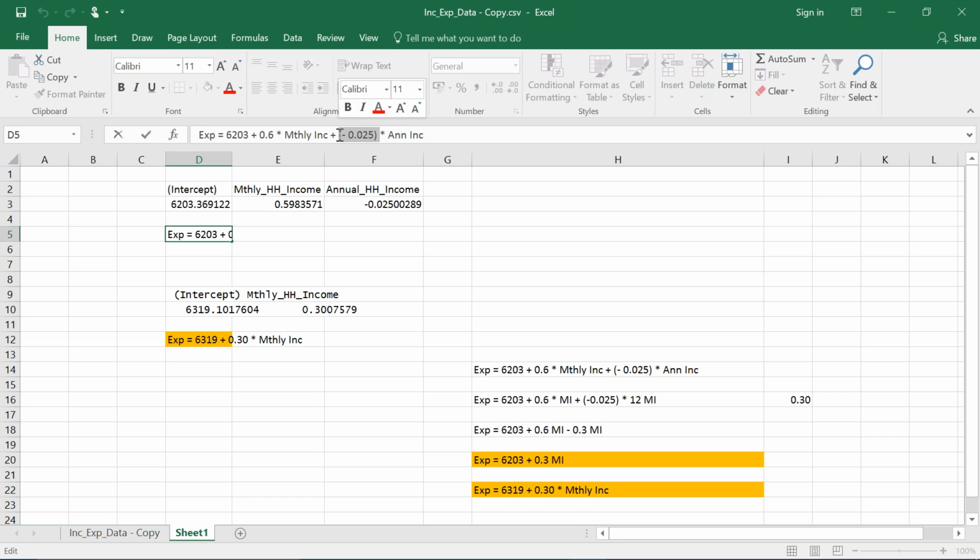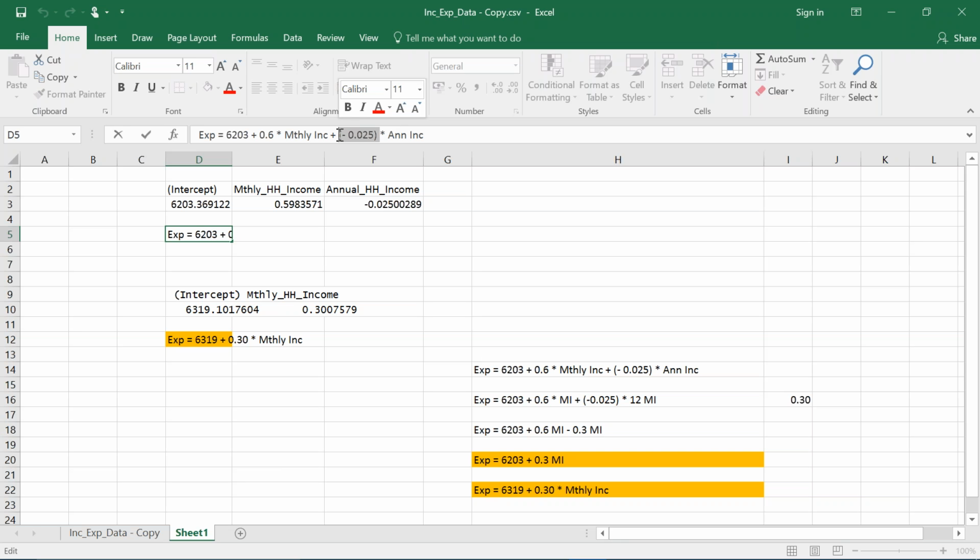I again define: when two or more independent variables are correlated. In our case, monthly income and annual income, they were correlated. And these correlated variables are used to predict a particular event, in this case expense.